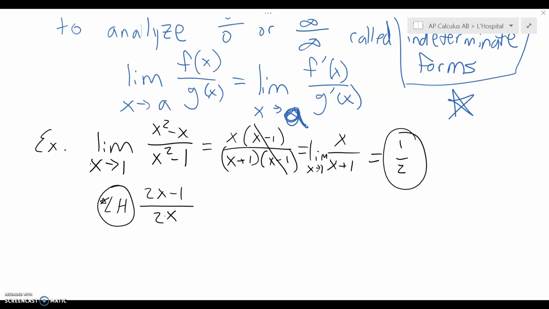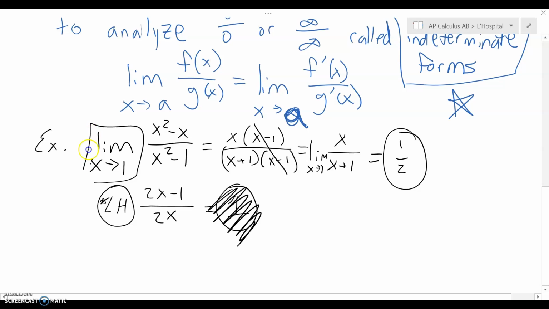And then if we do this using L'Hopital's rule, sorry, I'm just pausing to catch my thought here. We're doing the limit as x goes to 1. I just missed that little application on there.